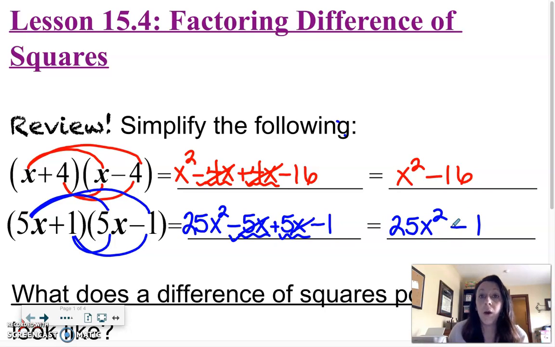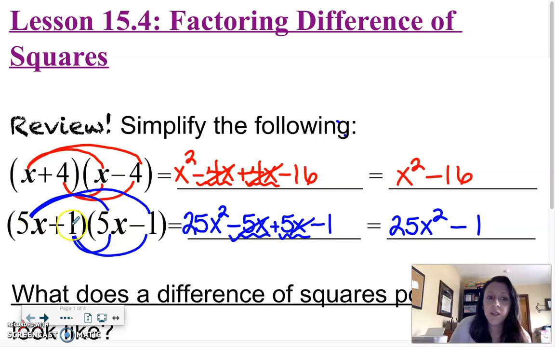So let's just talk about patterns for a moment with those two examples. Do you see how both times the like terms in the middle canceled? That wasn't a coincidence. The like terms in the middle canceled because of the way that the two problems were set up. If you look over here at the two examples, this first one was x plus 4, x minus 4.